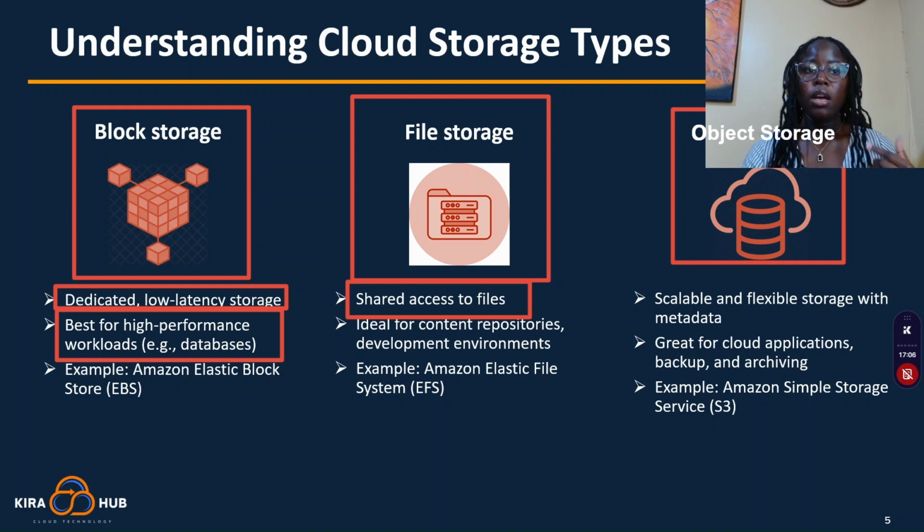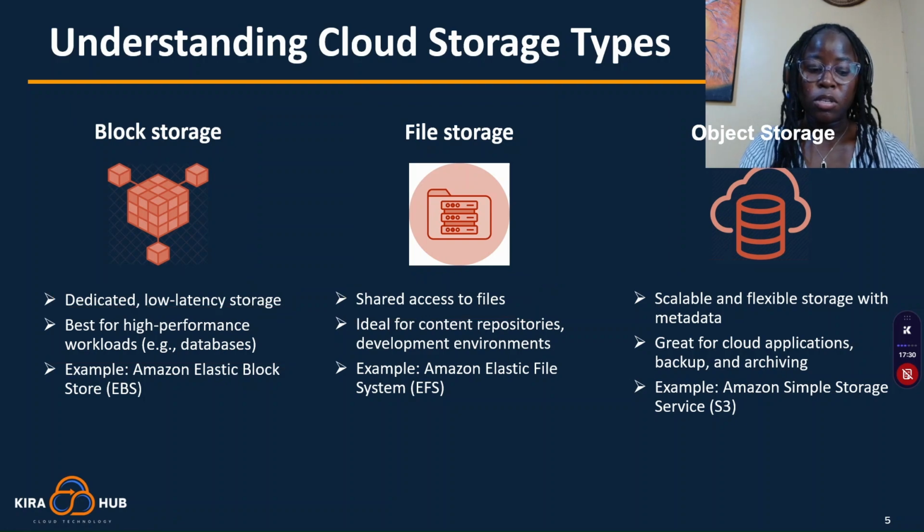So very highly scalable, very flexible, perfect for storing large amounts of data, any large amounts of unstructured data, backups, archives, photos, videos, anything you can think of. So those are some of the things, and an example of object storage is the Amazon Simple Storage Service that we are going to discuss in a moment.